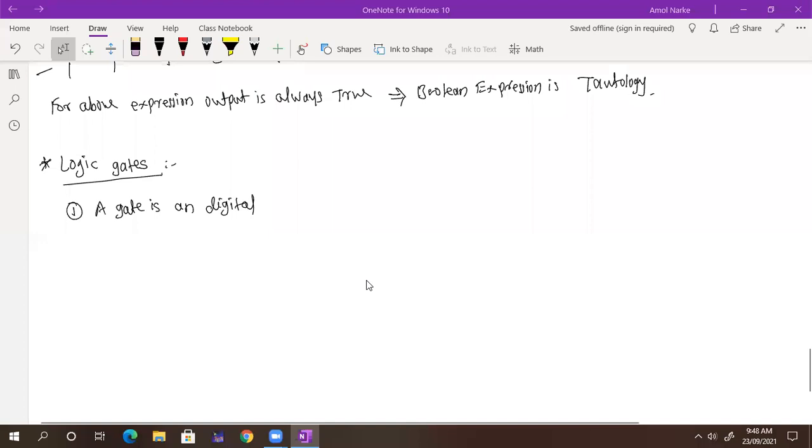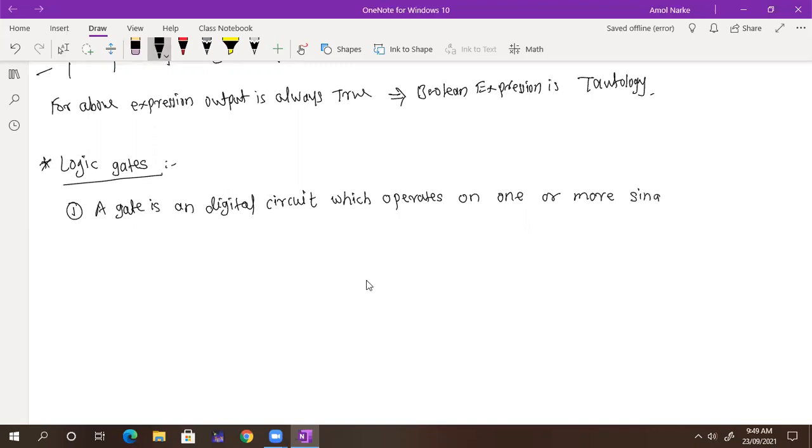Okay. So a gate is a digital circuit which operates on one or more signals and produces a single output.